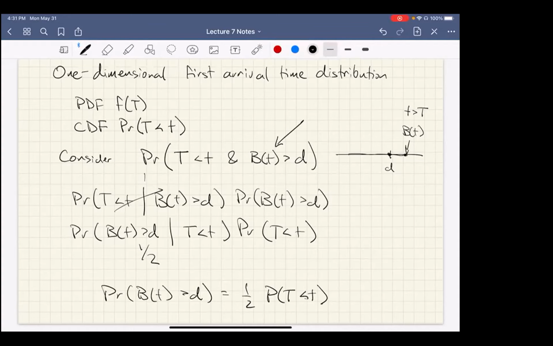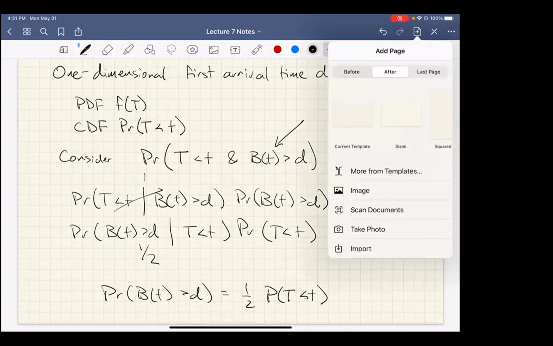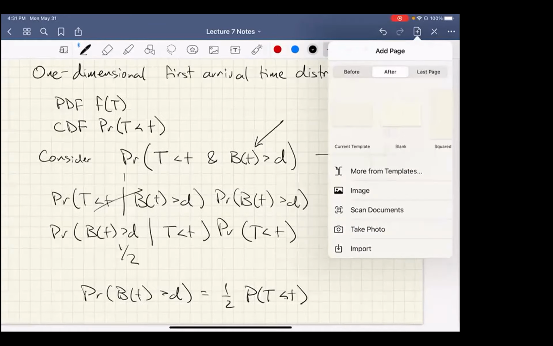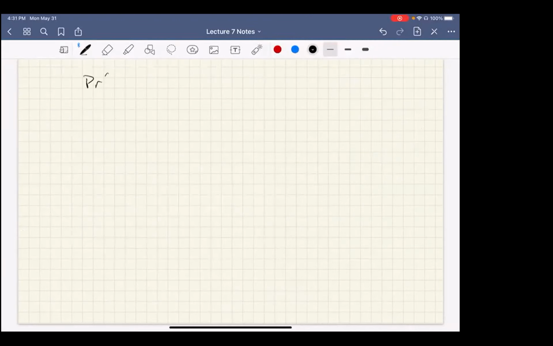So that is super helpful, because what we can do now is we can say, okay, what is this? What's the probability that my Brownian motion is beyond the boundary? You can set that up.